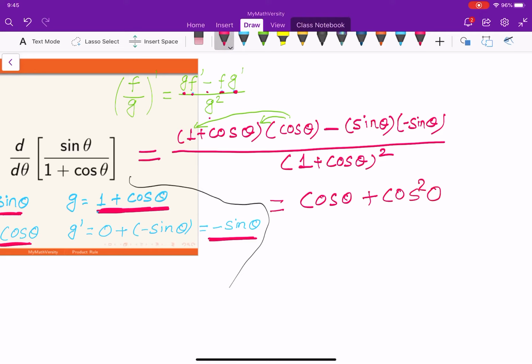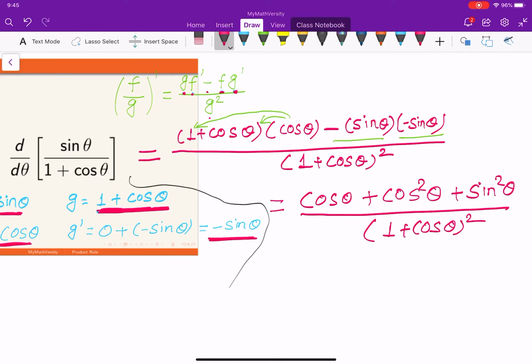Then negative sine theta multiplied by negative sine theta is positive sine square theta. And underneath that will be the square of 1 plus cosine theta.